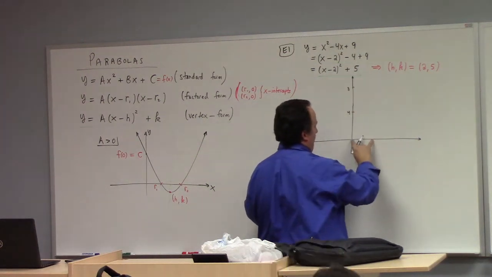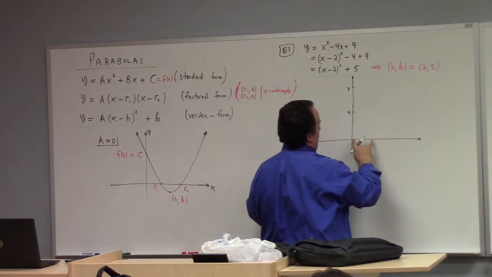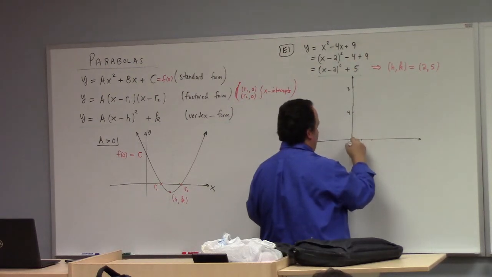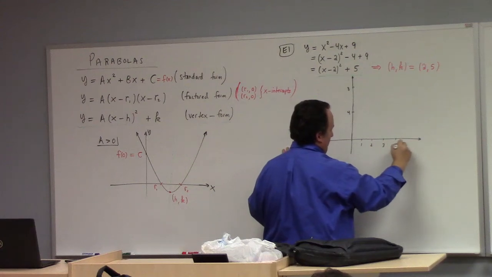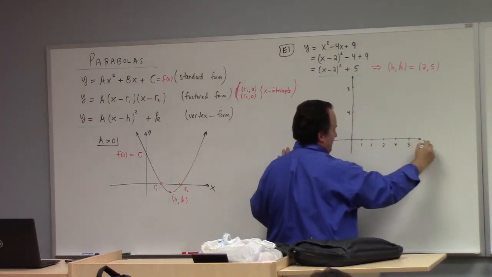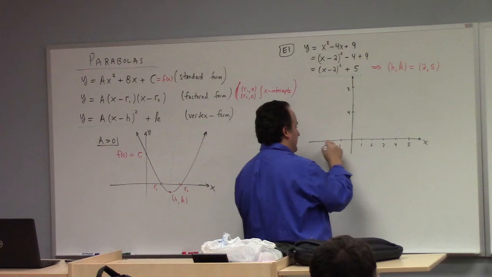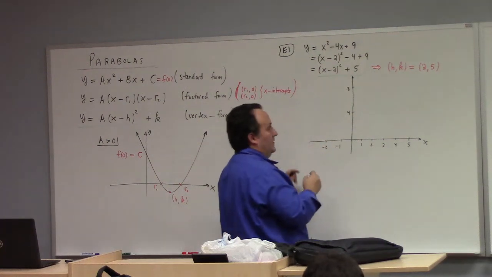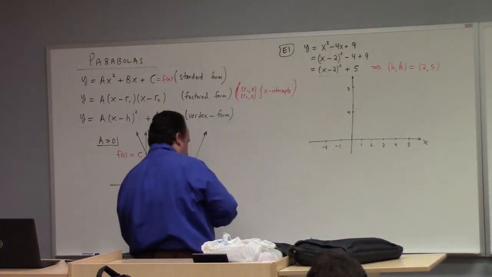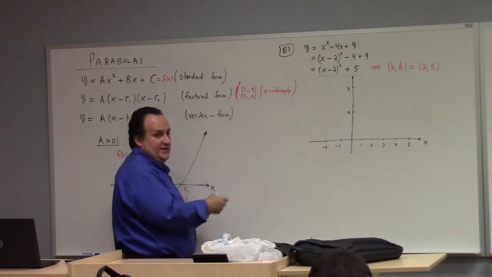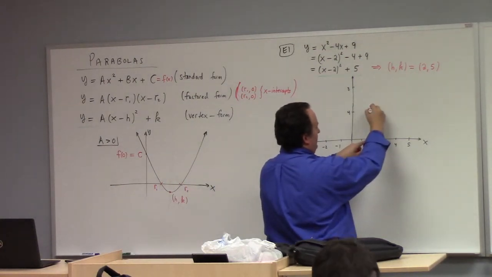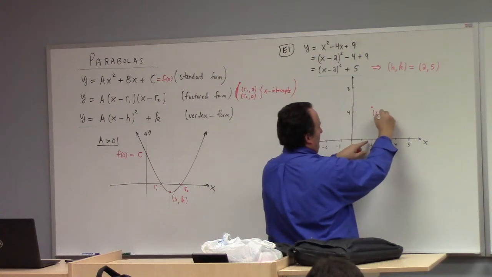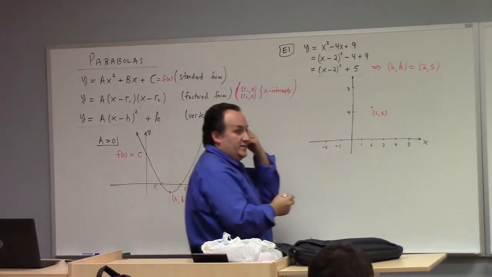Well, I'm not going to make it have the same scale. 1, 2, 3, 4. My scale on the x and the y is not the same. So what points do we know on the graph? Well, we know the vertex. It's at 2 comma 5, so that's about here. What other point do I know on the graph?